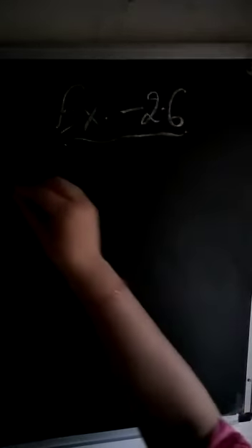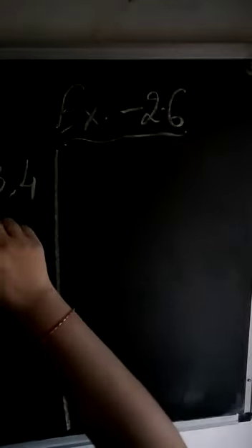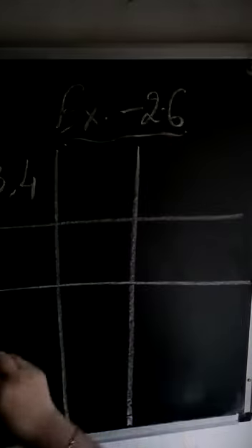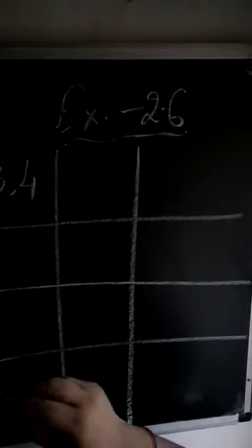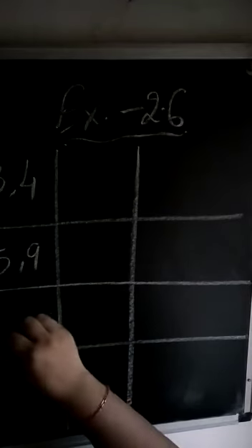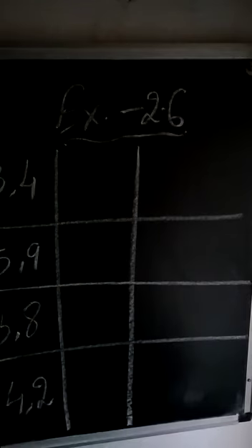Here they had given us a few digits in each row. The digits have already been given, and we are supposed to write the greatest or the smallest number. How to write that? Because two-digit numbers have been given.